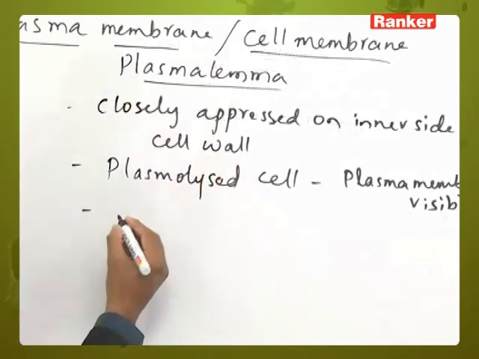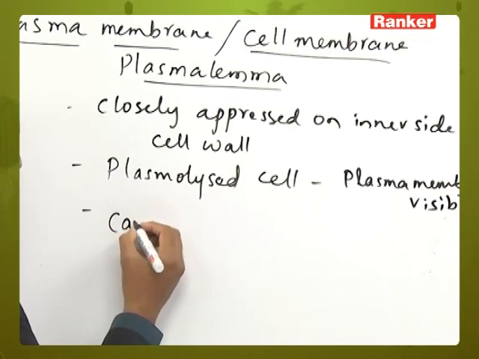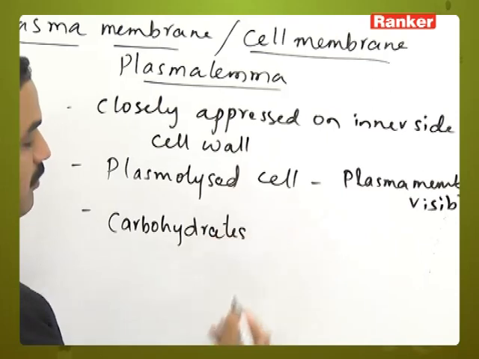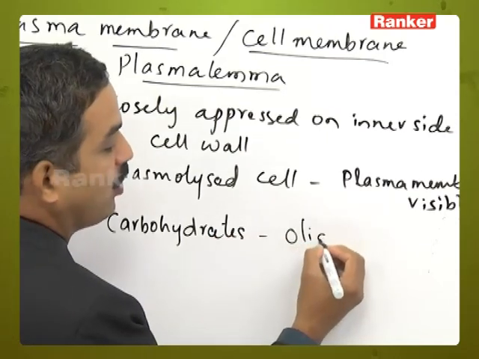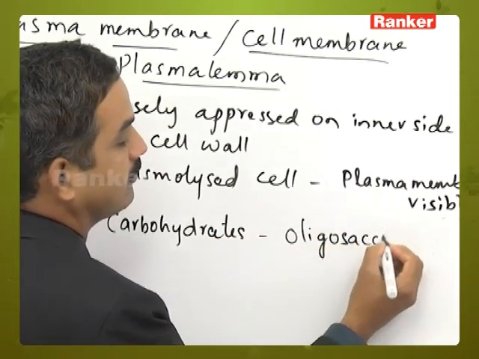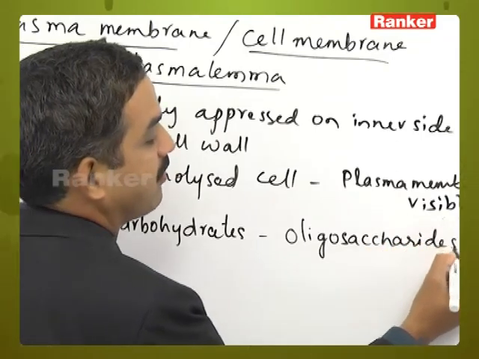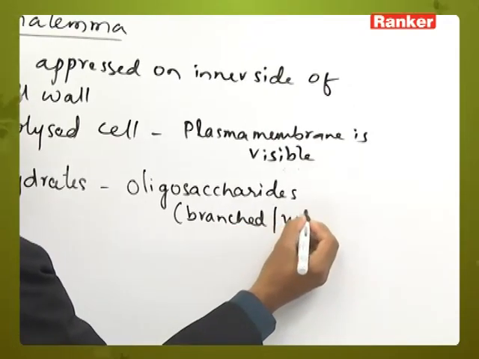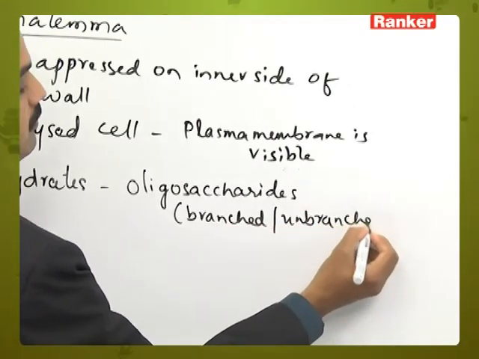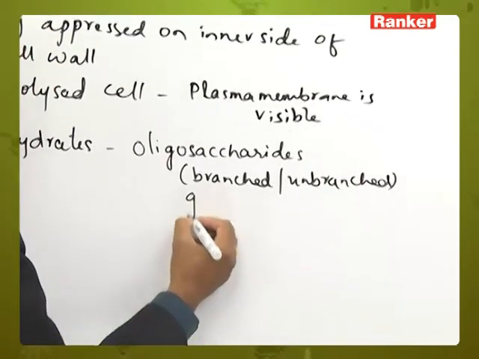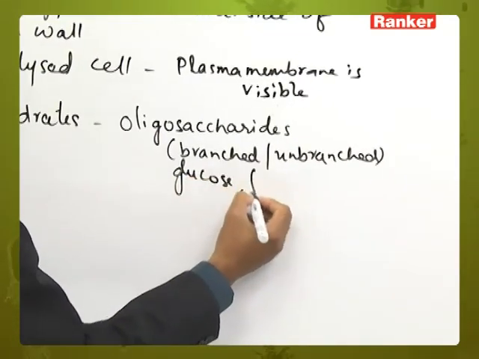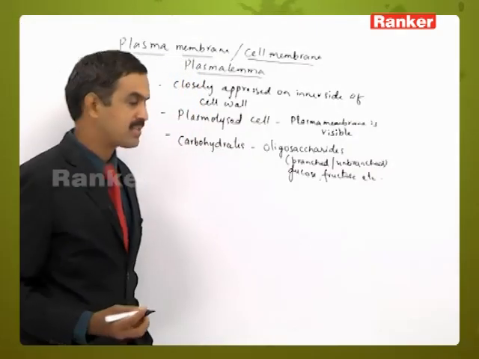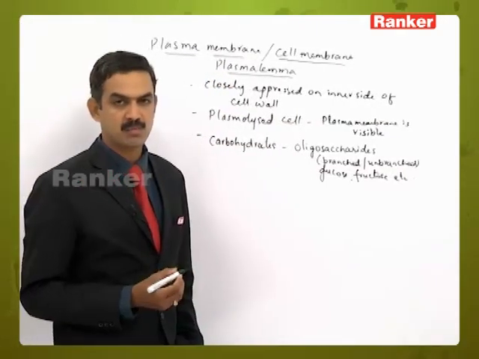So what types of carbohydrates are present in this plasma membrane? Generally these are oligosaccharides. These oligosaccharides may be branched or unbranched structures, like glucose, fructose; such types of oligosaccharides are present in the carbohydrate composition of the plasma membrane.